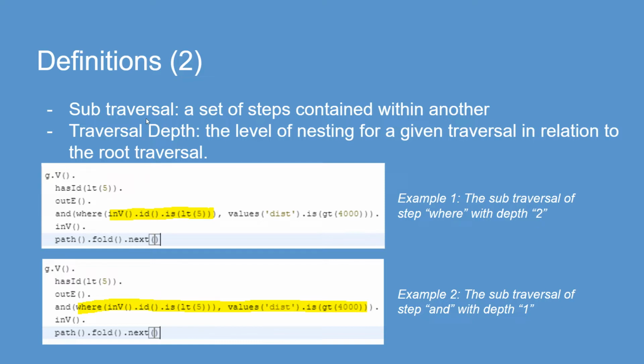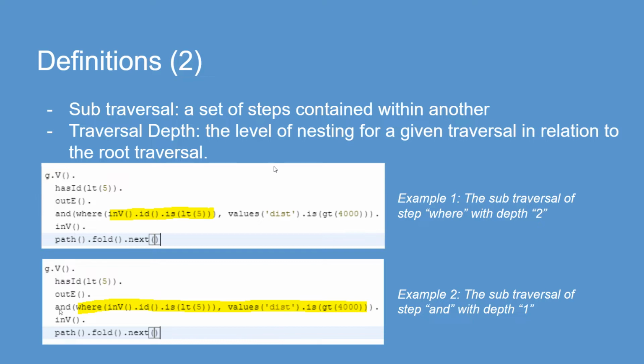Each of these subtraversals has a depth as well: the where step is one level deep within the and step, and nv.id.is, etc., is two levels deep within the traversal, because it's contained by where, and where is contained by and.